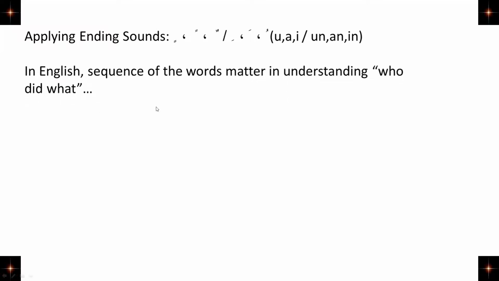Good. In English, the sequence of the words matters in understanding who did what. That's what we said earlier. When you say Dawood killed Jalut, you can't change the sequence and say Jalut killed Dawood and have it still carry the same meaning. The meaning will change, and you might then be changing history.